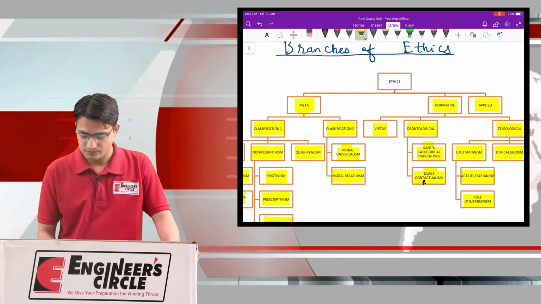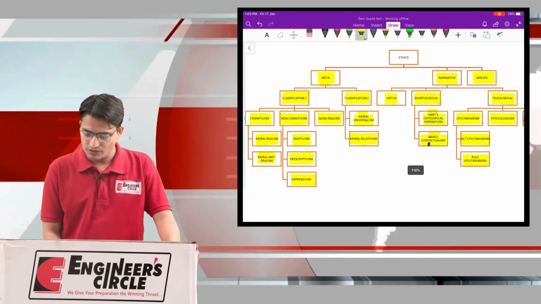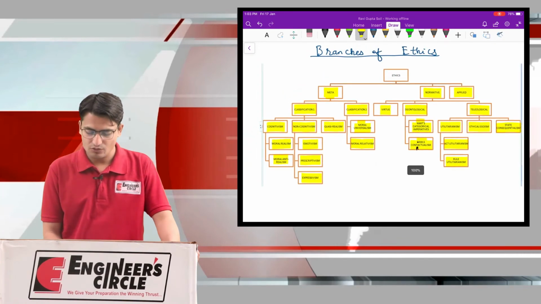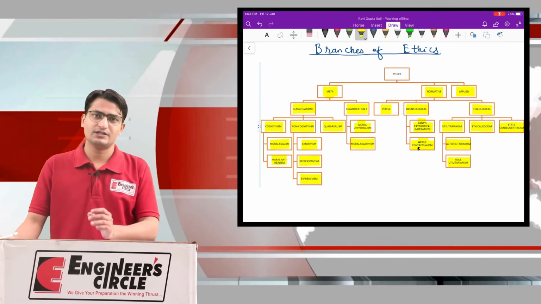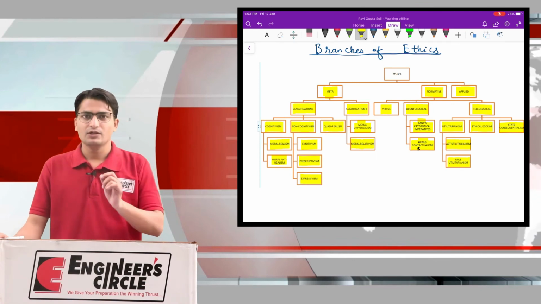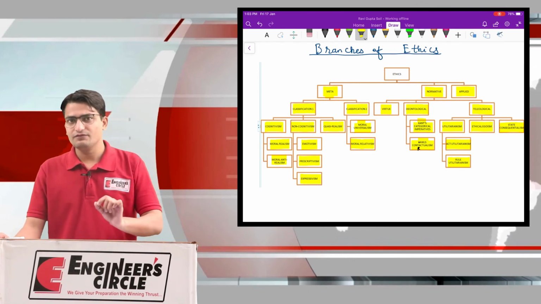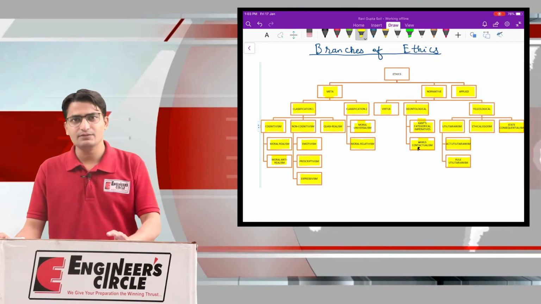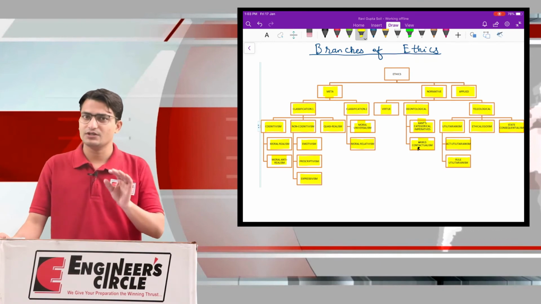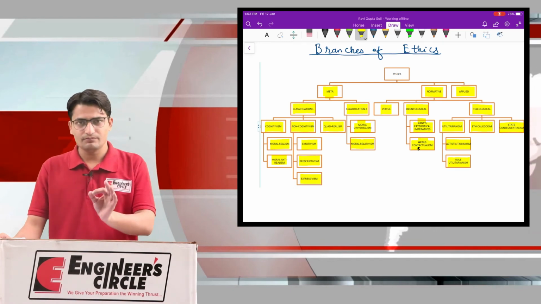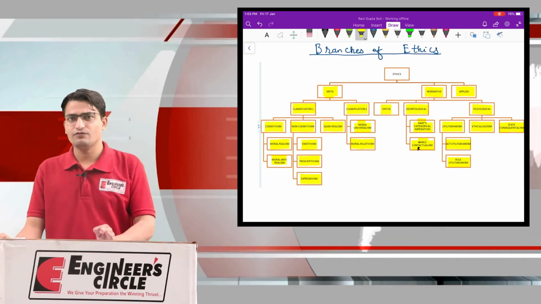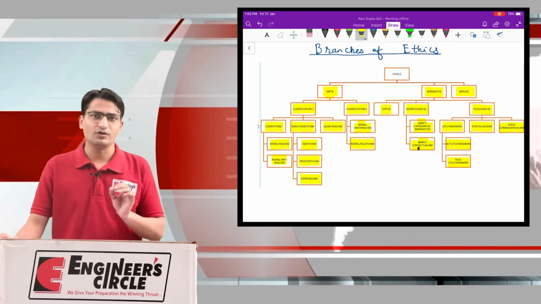Okay. So this was just a brief overview of the various types of ethical theories that we have to understand. We should note that we do not have to go very deep, because it is just a general studies part, but we need to know the very basics of what the different theories are and what they say.